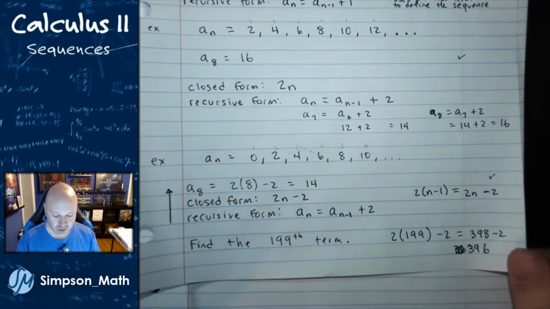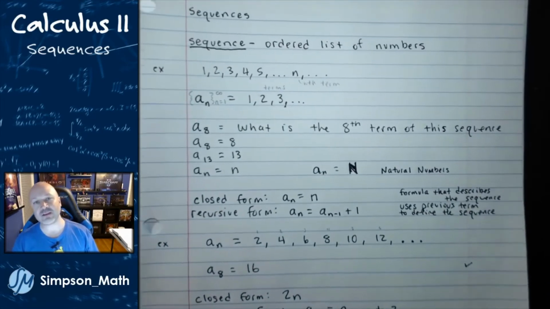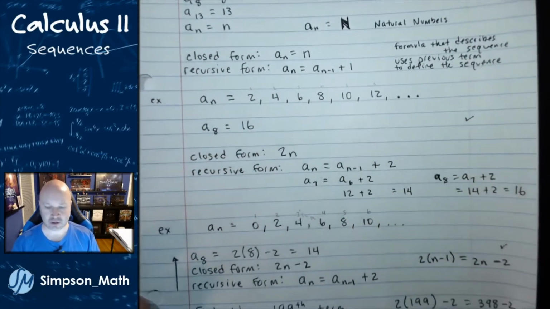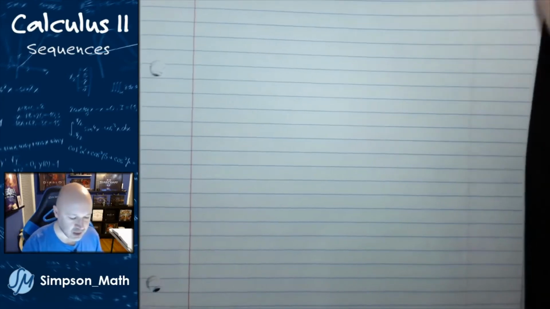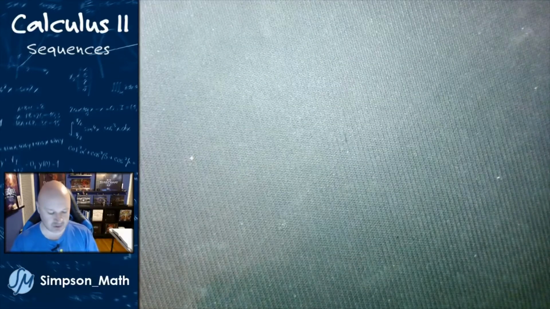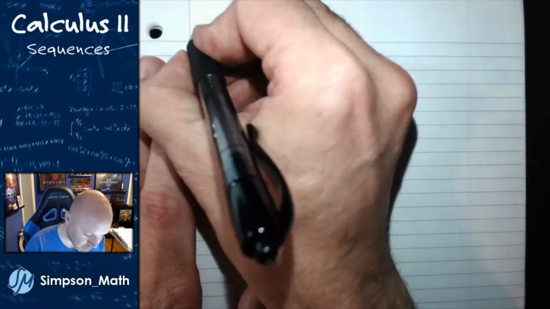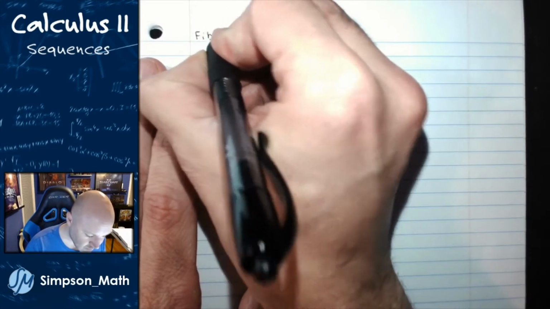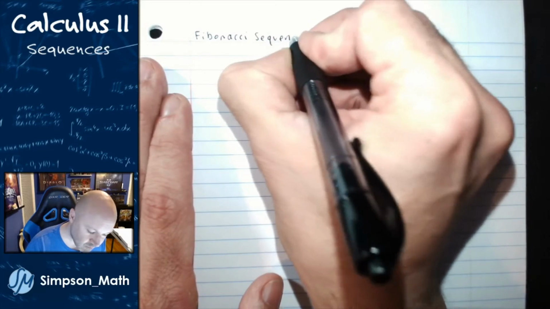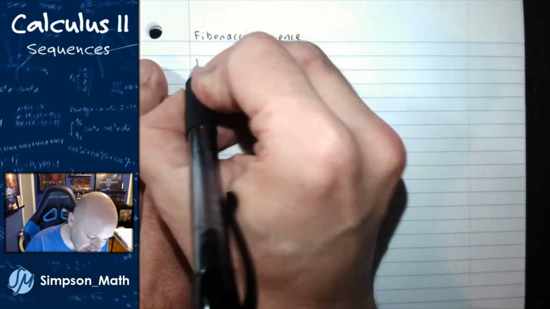Okay. So here on this page of notes, I'm just trying to get you familiarized with the vocabulary and maybe the notation. Hopefully that helped. Now there is a famous sequence out there called the Fibonacci sequence. You've probably heard of it, but I'm going to talk about it real quick. Now this is so famous, instead of using A sub n, I'm going to call it F sub n.